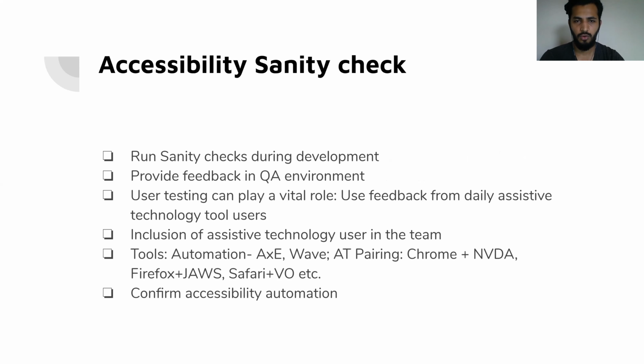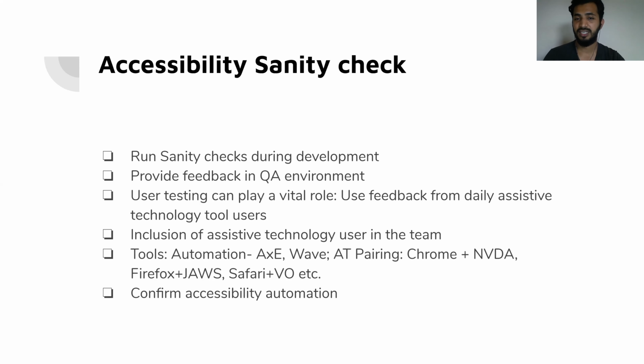Now, during development, once the product reaches a certain level of stability, an accessibility engineer should jump in and ask the product owner, hey, can we go on and do a sanity check on the product just to see where it stands in terms of accessibility? They can review those half-developed products and provide feedback to the QA environment just to make sure that the acceptance criteria that was provided is being met or not.